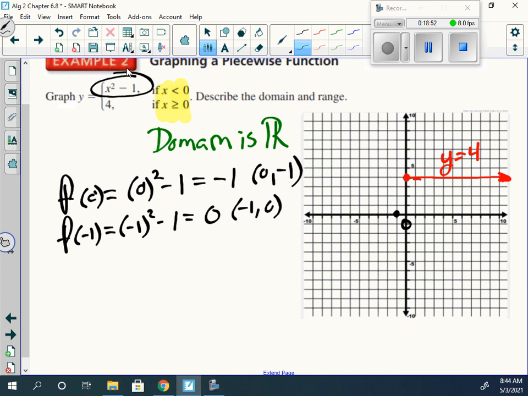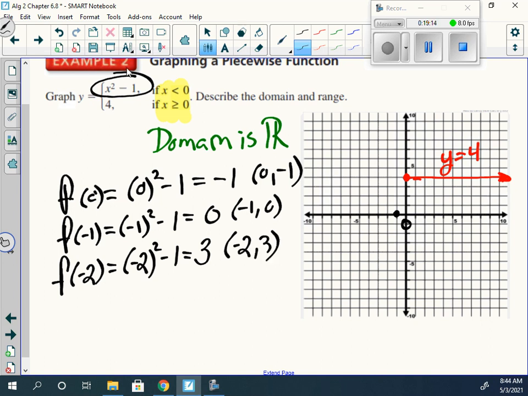Because negative 1 is less than 0, this point lies on the graph. Well, I can pick another one. I can pick negative 2. Well, negative 2 squared minus 1 would be, because negative 2 squared is 4, 4 minus 1 is 3. So we'd have negative 2, 3. And again, I'm going to make a solid point because these points that we're finding are true statements. These would work for this function.